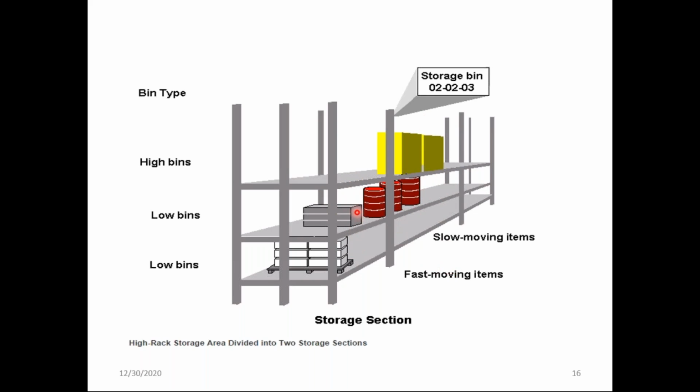Fast moving items are always kept in the front, so people do not have to travel far; they come, pick up these items and move out. If fast moving items are placed at the back of the rack, it takes longer to go and pick them up, and since they are fast moving, they should be in the front. That's how sections are defined: fast moving, slow moving, or based on heavy items and light items.